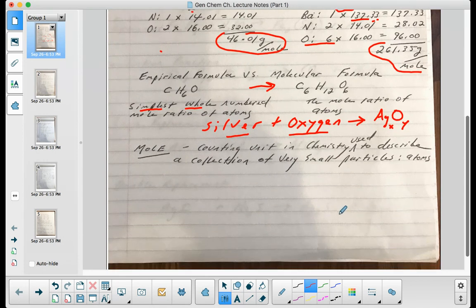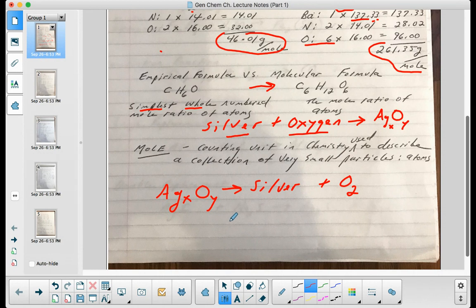So I'm going to go back to this equation because I don't want you to get confused, because for the lab, I just wrote it the opposite of what it should be. So it's going to break up into silver and oxygen gas like that. But you're going to figure out what that X and Y would be.